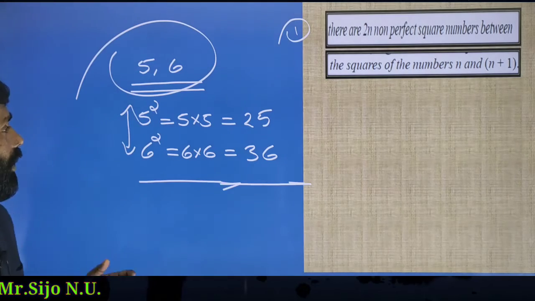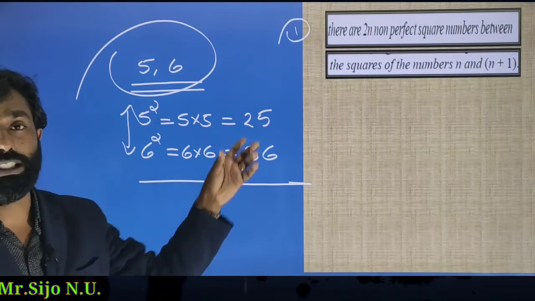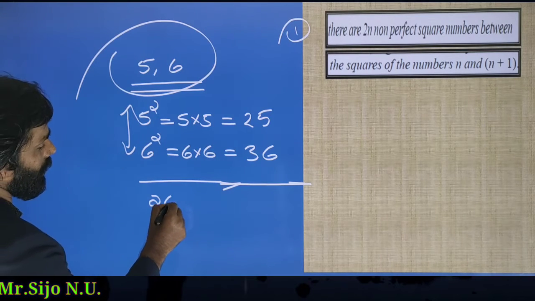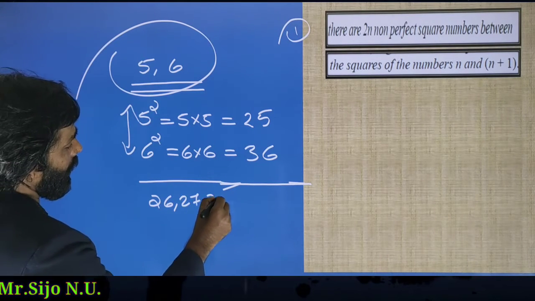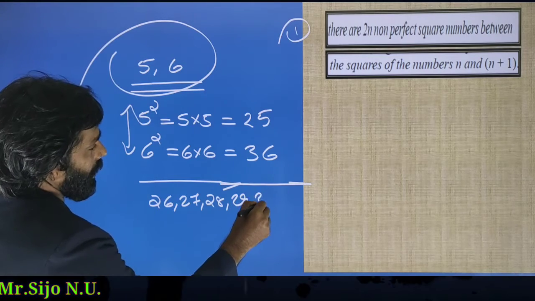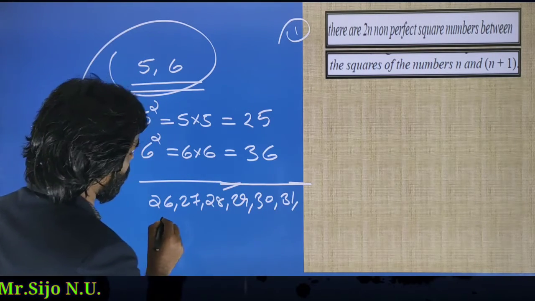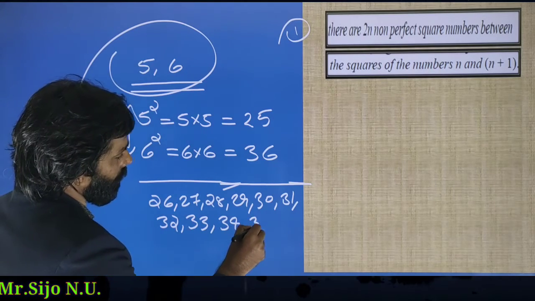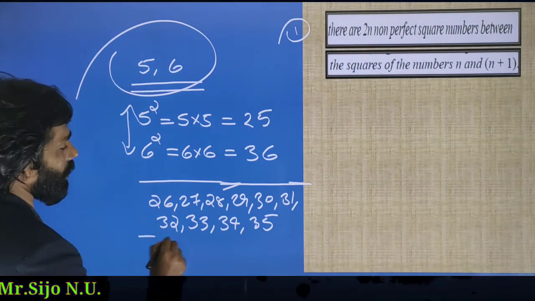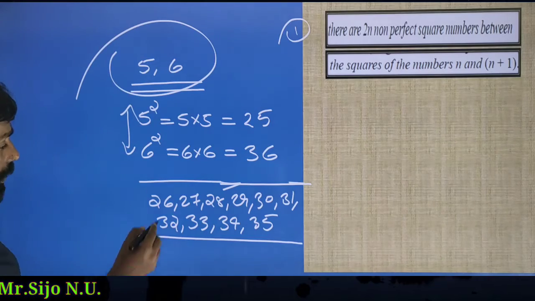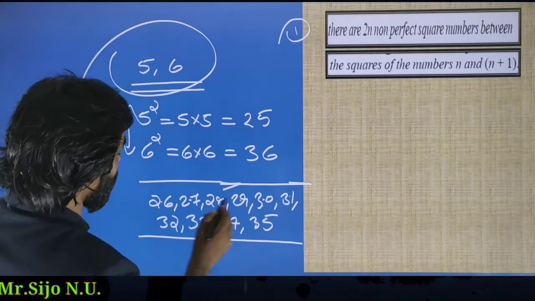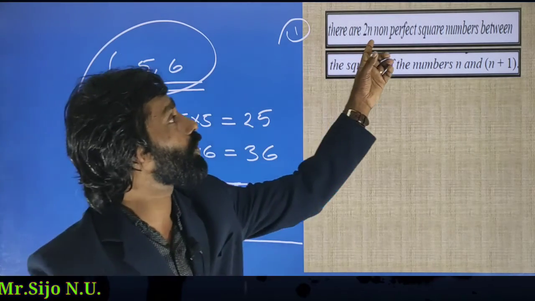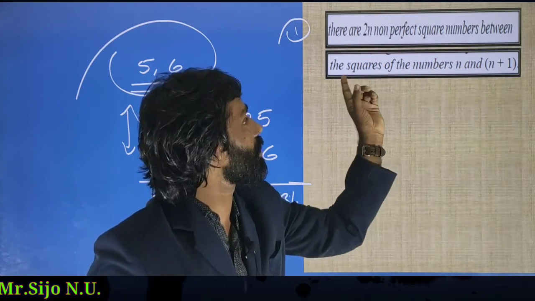Let us write them: 26, 27, 28, 29, 30, 31, 32, 33, 34 and 35. These are the non-perfect square numbers between these two numbers. How many are there? 1, 2, 3, 4, 5, 6, 7, 8, 9, 10. There are 10 numbers.